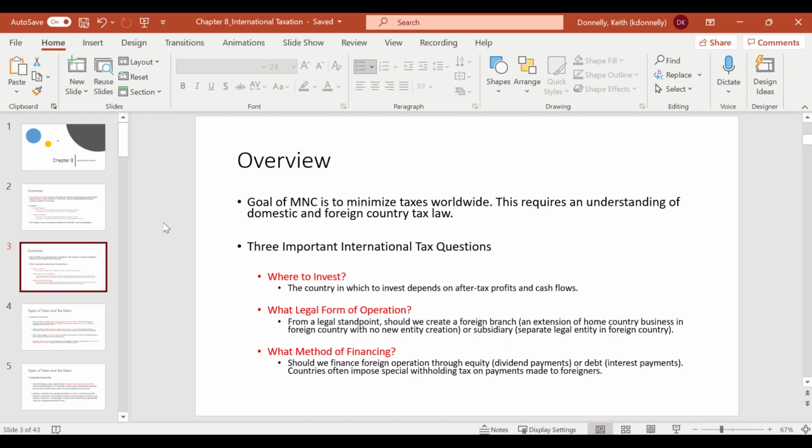And then third, what method of financing? Suppose that we were trying to finance our growth in a foreign country. Should we conduct and finance our foreign operations through equity, where we'd have to issue stock and pay dividends? Or is it better to do this through debt, borrow money where we'd have to pay interest payments? In this analysis, why this is important is there's something called a withholding tax that countries could impose that would affect this calculation.